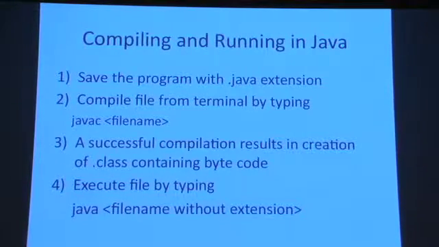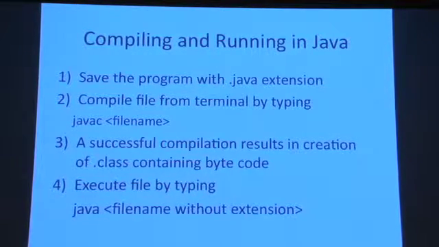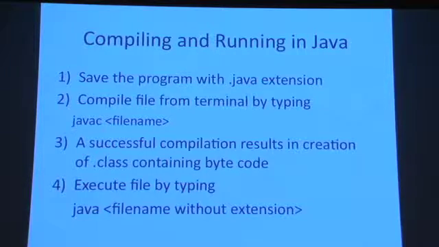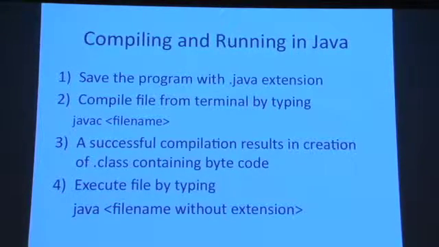If your compilation is successful, you would not see any errors. You would have just javac HelloWorld.java, and then the next line would automatically return. Then you know that you have created a successful class file, and then you can run java HelloWorld, just like that.